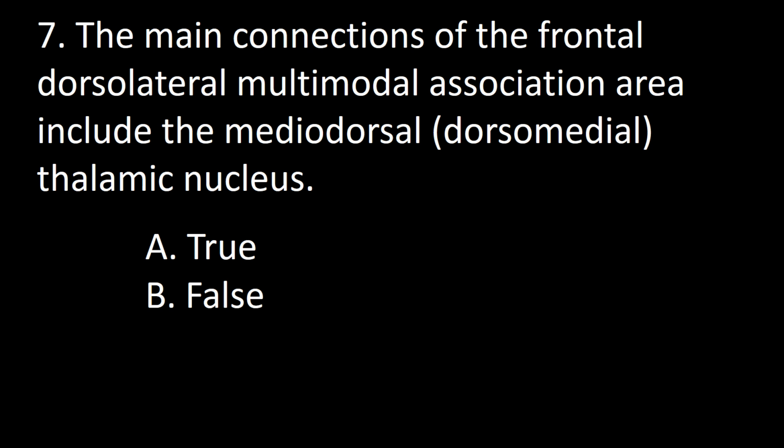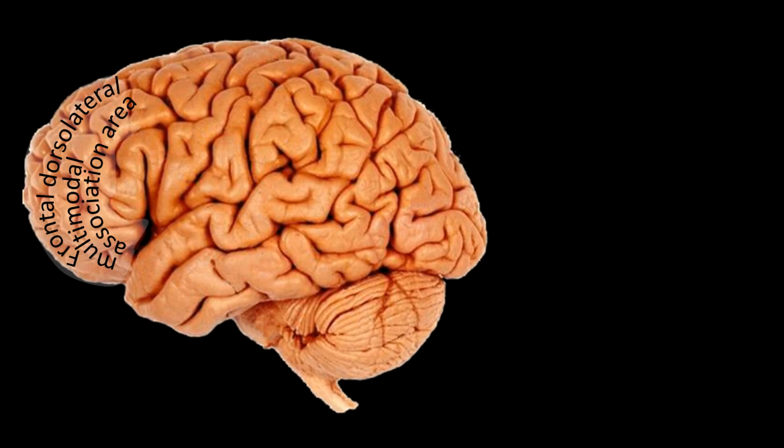The first question of this section is, the main connections of the frontal dorsolateral multimodal association area includes the mediodorsal or dorsomedial thalamic nucleus. A true, B false. This is the lateral view of the brain. In it you can see the frontal or anterior multimodal dorsolateral association area.